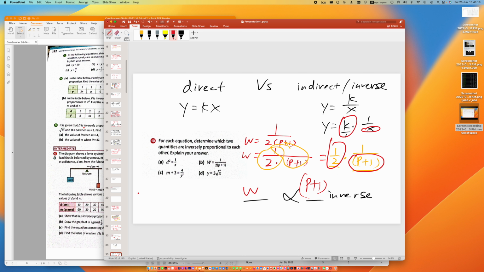This one, m plus 3 equals 4 over y squared. I think this one is pretty easy. Which one and which one? This one and this one. Can you just say m? No. Why? Because this one you need to split into m plus 3 and then 4 times 1 over y squared.